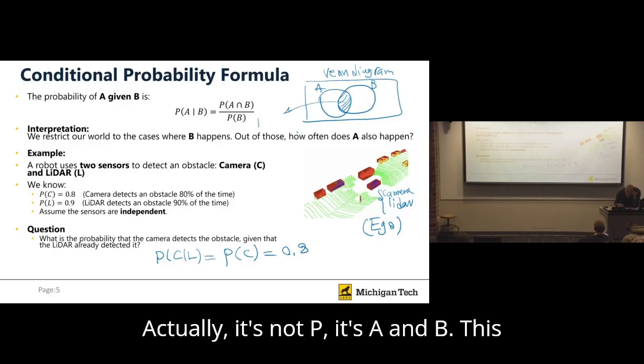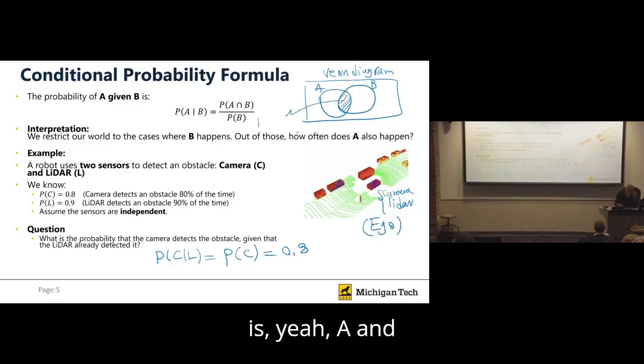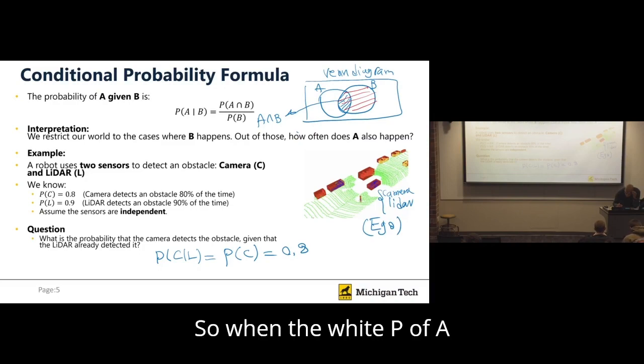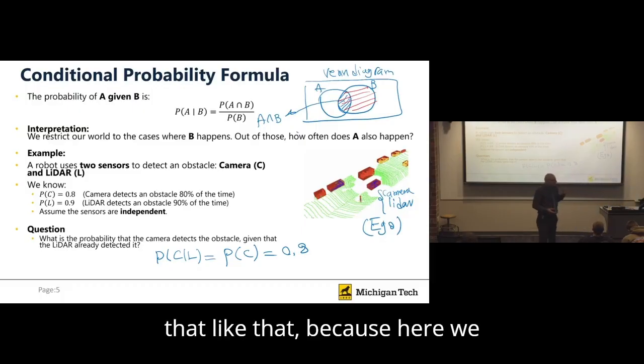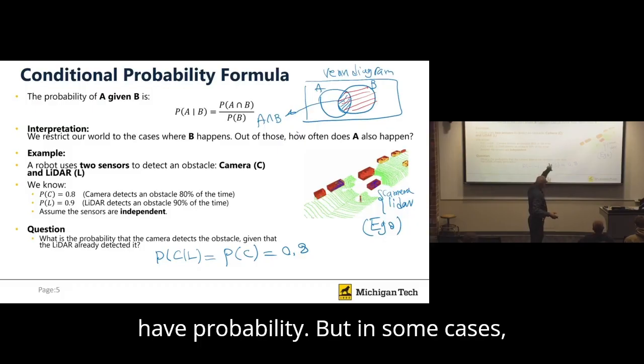And B is this. So when we divide P of A and B over P of B, anyway, we can show it like that, because here we have probability.